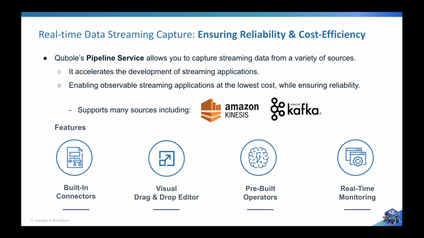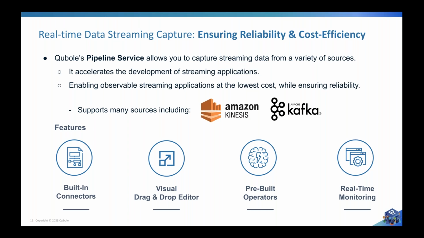Qubole has the Qubole Pipelines service, which gets your data streaming applications up and running quickly with almost zero code. It supports Amazon Kinesis and Apache Kafka, and you can write different connectors if you want. Let's say you want to do a CDC from your MySQL, you can do the CDC using MySQL bin logs.